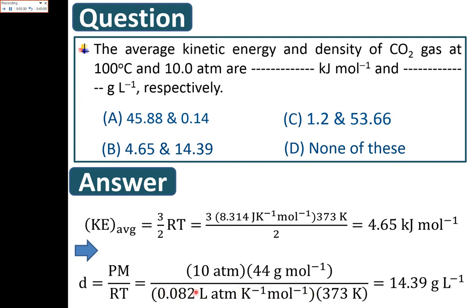Actually, the selection of R depends on the question, because here we have atmosphere, so we should use R in this unit as well. But the first part asks for the average energy in joule, so we should use the R value in joule as well.